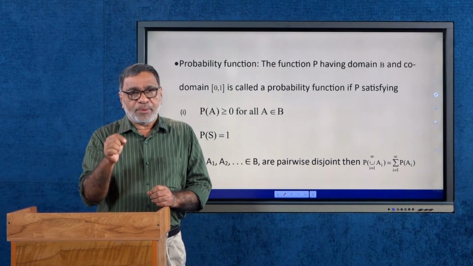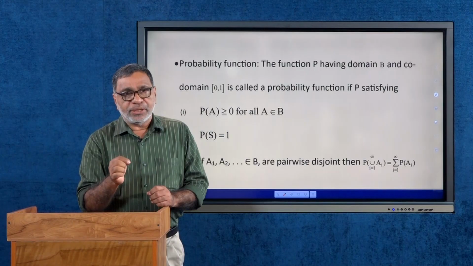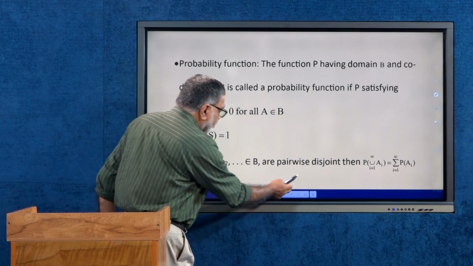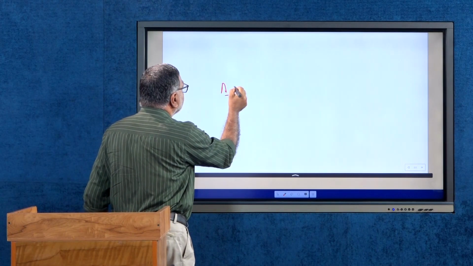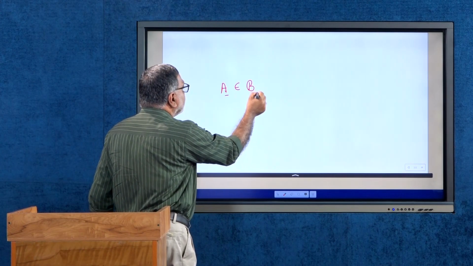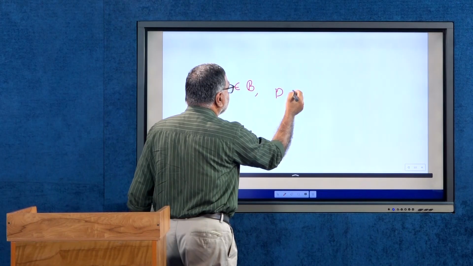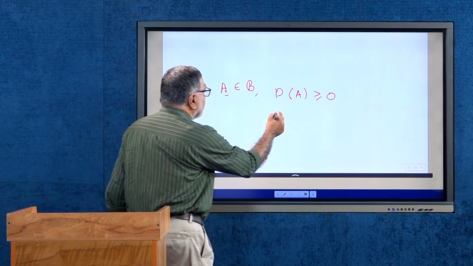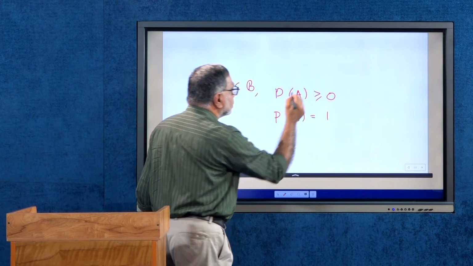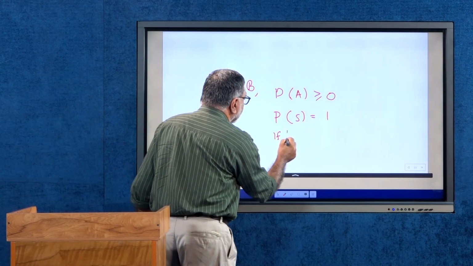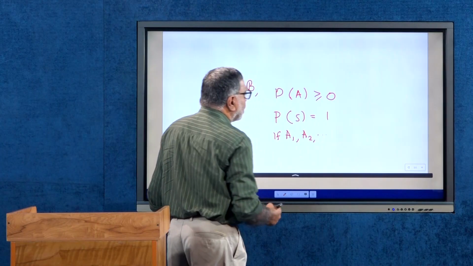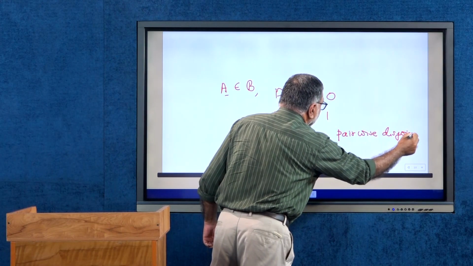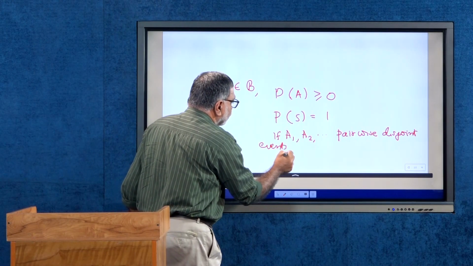And that is called a probability function if that function satisfies certain properties. And what are the properties?